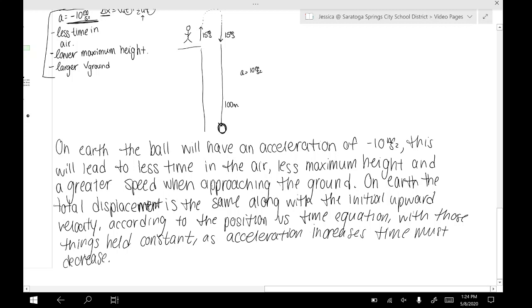Okay, so we talked about why we get less time. Now we have to talk about why it's the lower maximum height.